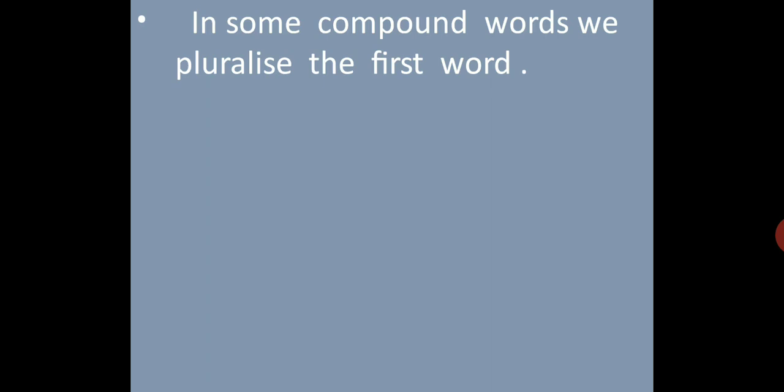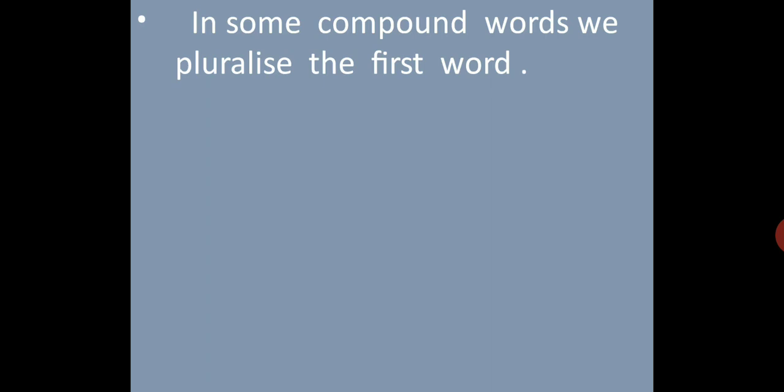Let's see. If we want to pluralize, meaning making a plural of the compound word, then we pick out the first word and make it plural and write it with the second word.